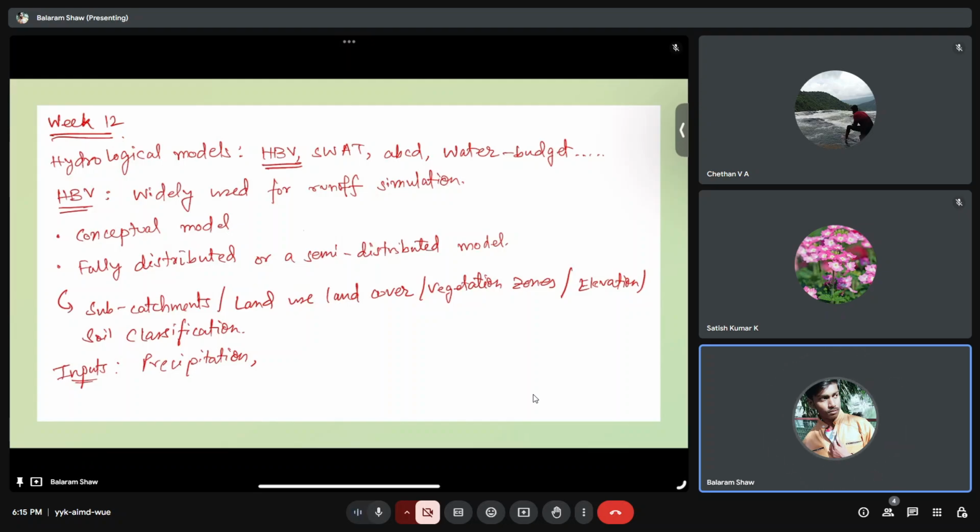Then temperature: maximum and minimum temperature, or mean temperature or mean monthly temperature. From there we can also calculate, or if we have it, we can use the potential evapotranspiration, the methods for which we have discussed before. With all these inputs, we can get our simulated runoff.